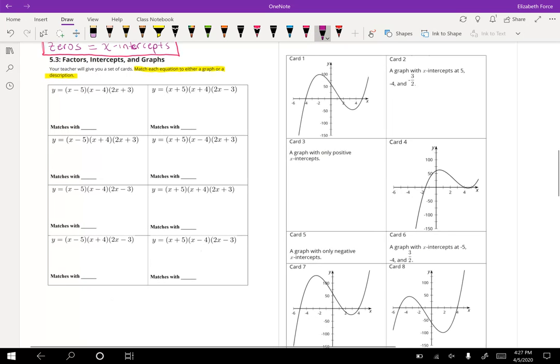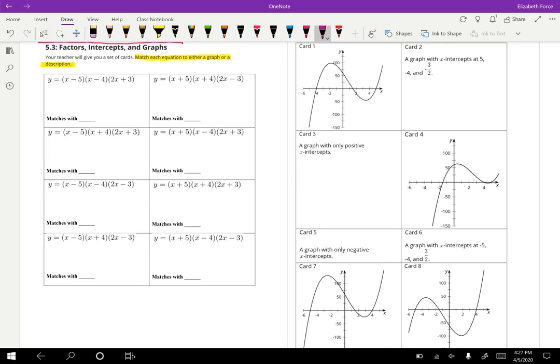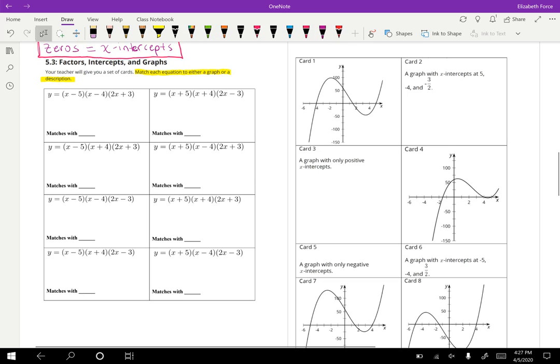So if we take a look at the first function, y equals x minus 5 times x minus 4 times 2x plus 3, when I find when the function equals 0, I'm finding the x-intercepts. There are 3 factors, and just like in problem 5.2, we want to know what makes each of them 0. For the first one, it's going to be positive 5.